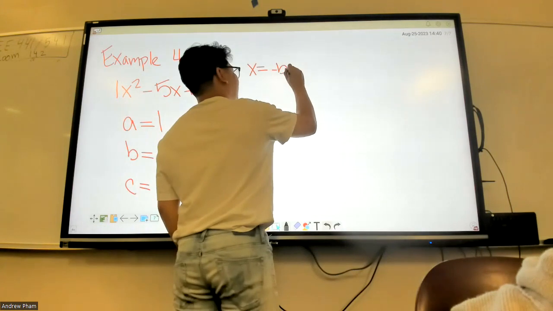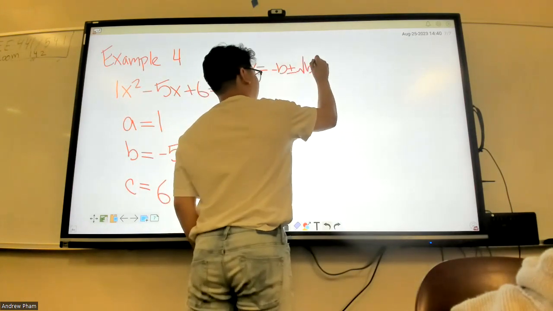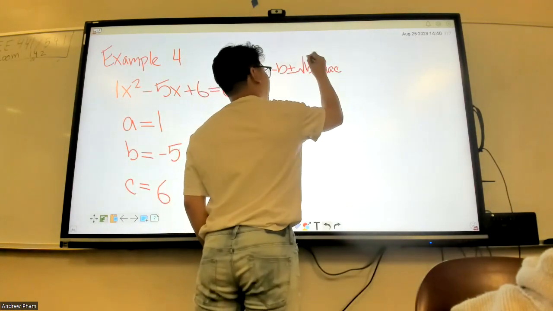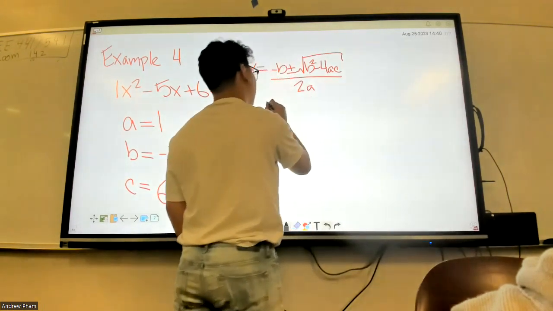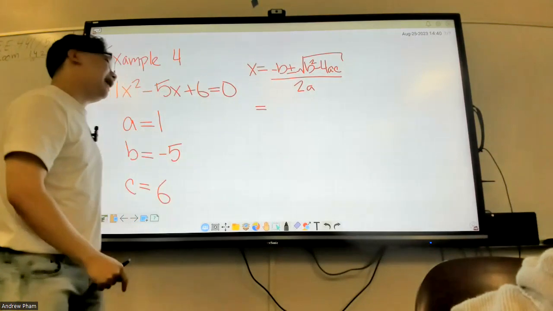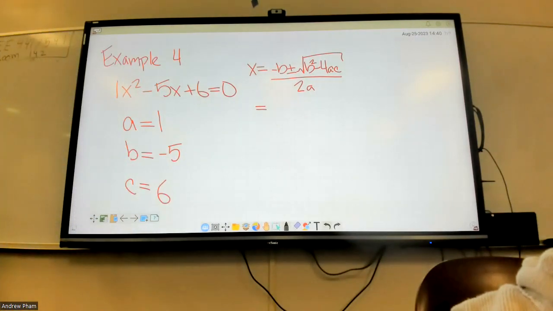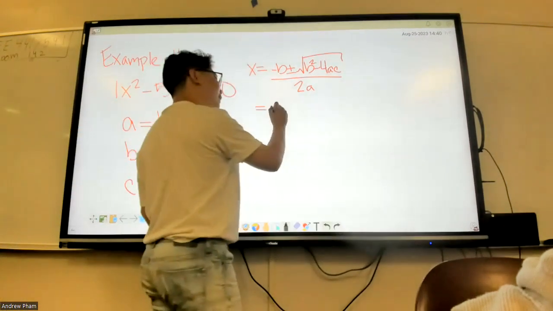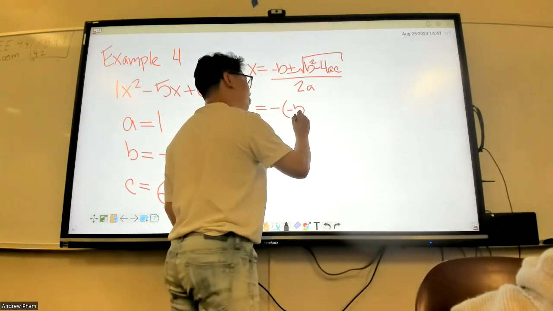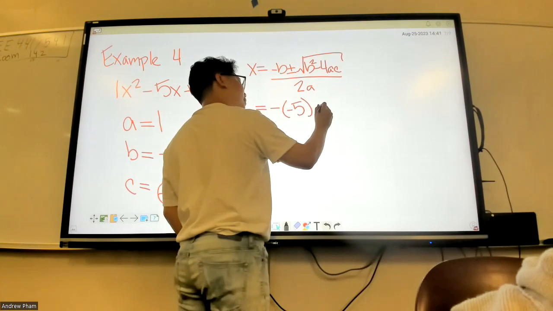Just for practice, I'm gonna write it again. Let's see, let's write it down here. So I have negative B, so negative 5. I'm being careful with my parentheses here.